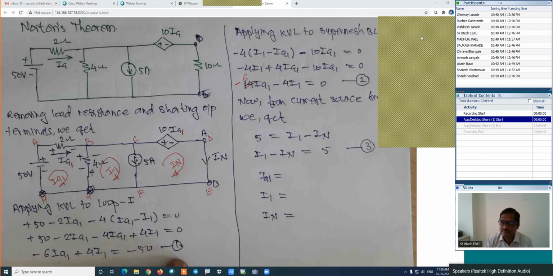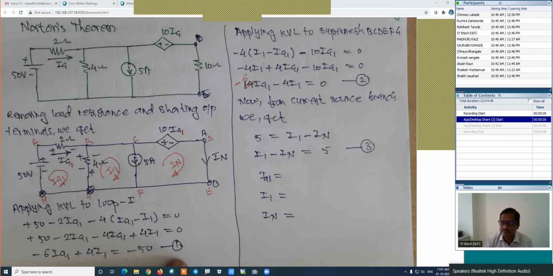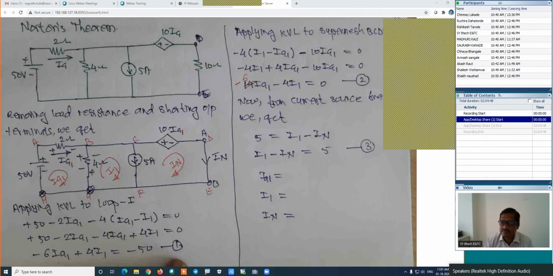Raise your hand if you are ready with the calculations and tell me the answers: I1, IA1 and IN. The calculation is not that difficult, the speed should be higher. You must be ready with the calculations.